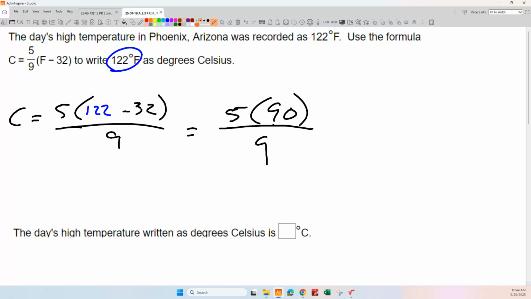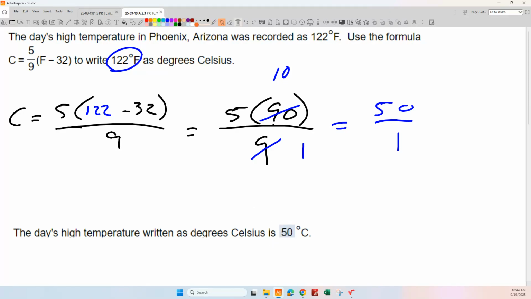Because these are being multiplied, I could just reduce this, couldn't I? If they were being added, I could not. But because they're multiplied, I can. So we could trade the 90 over 9 for a 10 over 1. And now when I multiply straight across, I get 50 over 1. So my answer is 50.